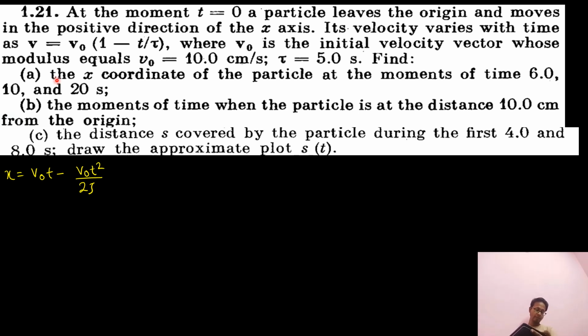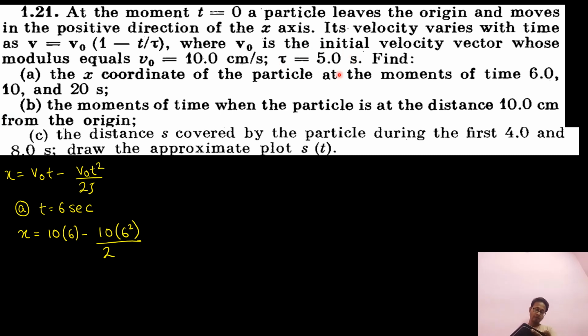Now let's read the first part of the question. The x coordinate of the particle at moments 6, 10 and 20 seconds. So the x coordinate at t is equal to 6 seconds. So x at 6 seconds is equal to v naught. What's the value of v naught? 10 centimeter per second. So v naught is 10 into t is 6 minus 10 into 6 square divided by 2 into tau.